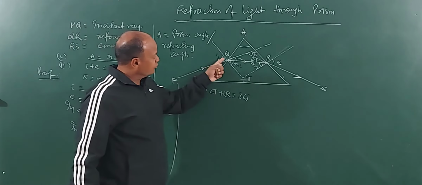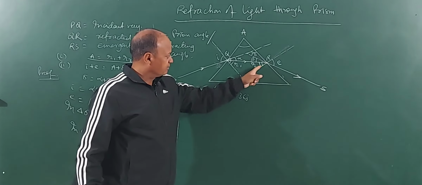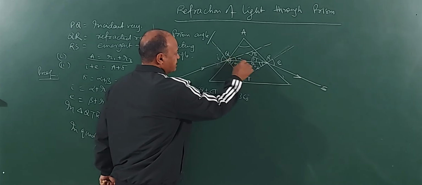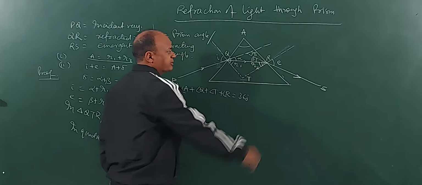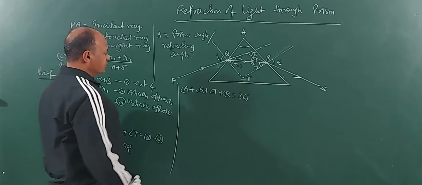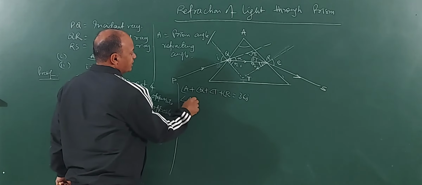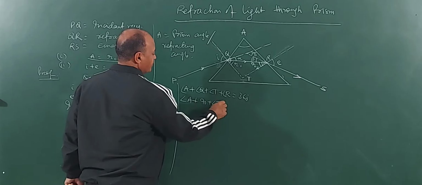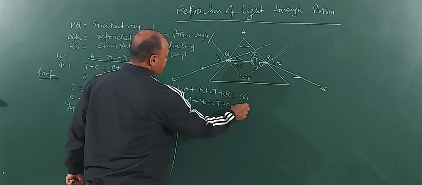And we know that QT is a normal and RT is also normal. So, this angle is going to be equal to how much? 90, and this angle is also going to be equal to how much? 90. So, let us write angle A plus angle Q is 90 plus angle T plus angle R is 90, that is equal to 360.